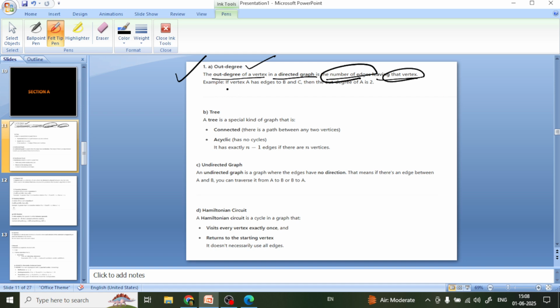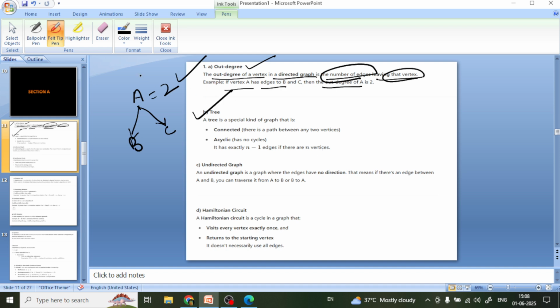For example, if vertex A has two edges, A to B and A to C, then the out degree of A is equal to 2. You can see the out degree of A is equal to 2.